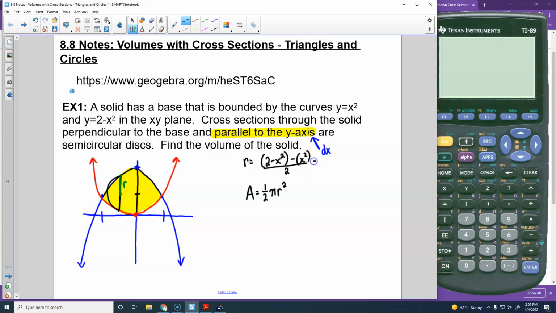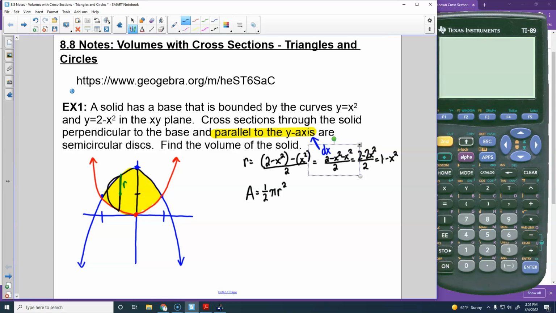All right, so if I simplify this, I've got 2 minus x squared over 2. So that is 2 minus 2x squared divided by 2, which is going to give us 1 minus x squared. So that is our radius.